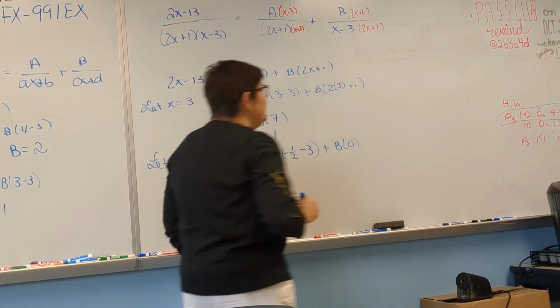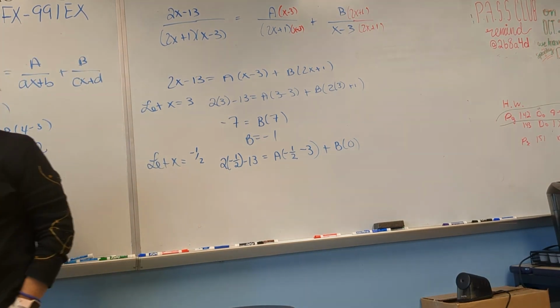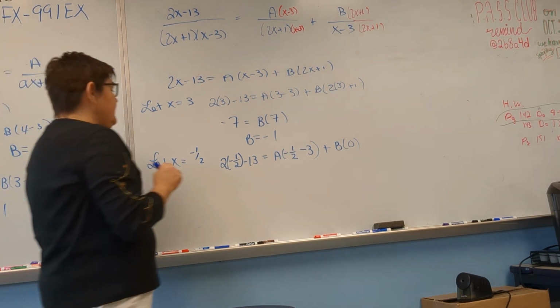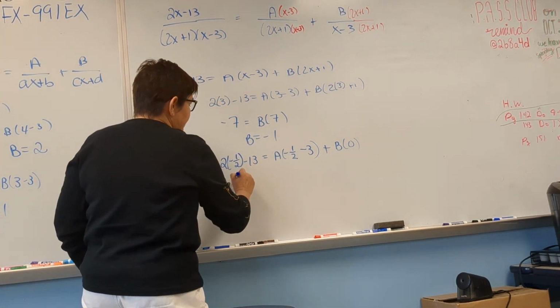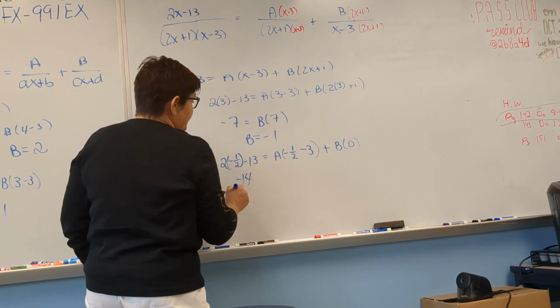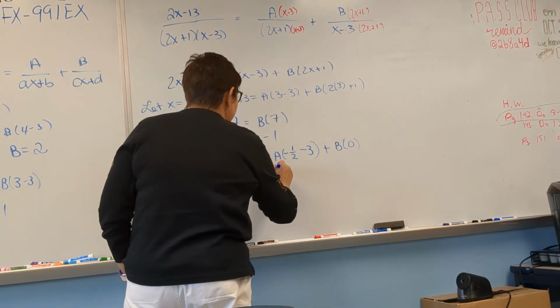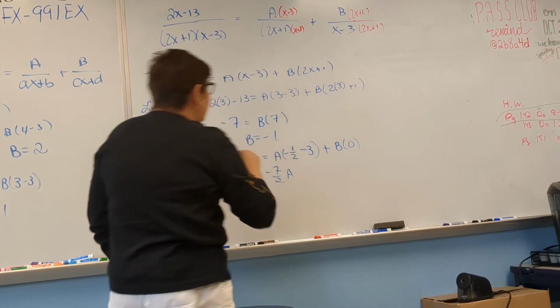Are you cool with me just putting 0 in the place of that? Okay, so I'm not losing anybody there. So -1 minus 13 would be -14. -7/2 a.